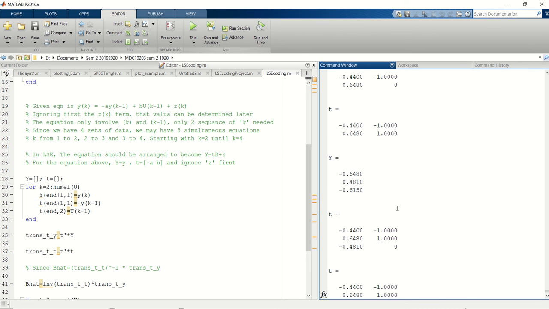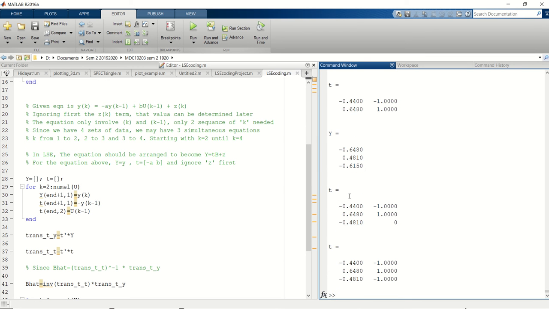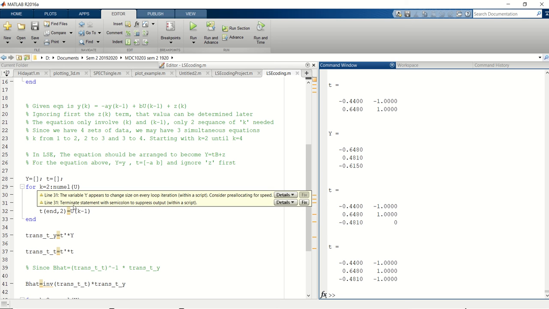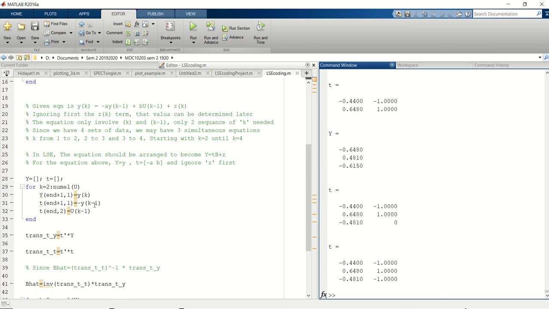Then we go to the third iteration, k equals to 4, so we have this value for y, and then the second equation gives this value, and the third equation gives this value. Done.